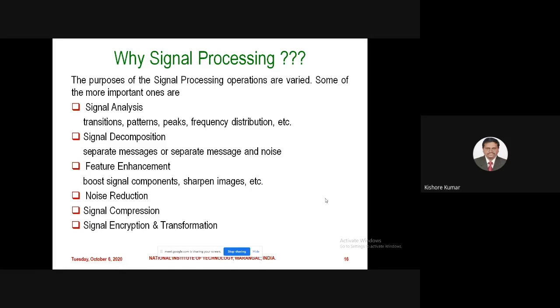In Fourier analysis, I am representing the signal in terms of its sine and cosine terms. Similarly, in signal processing, I am representing the signal in terms of the signal and its impulse. In signal decomposition, I am separating the signal in terms of its signal and noise.